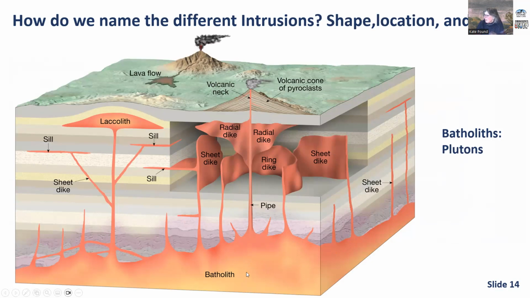A batholith is actually made up of plutons and stocks. They're smaller bodies, and they may be anywhere from 1 to 10 or 20 kilometers across. So the batholith is the sort of whole body of a wide range of different plutons.